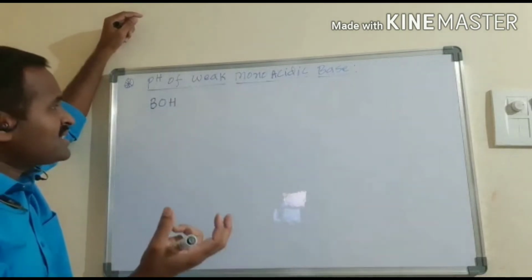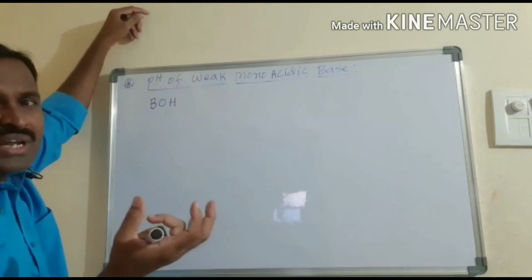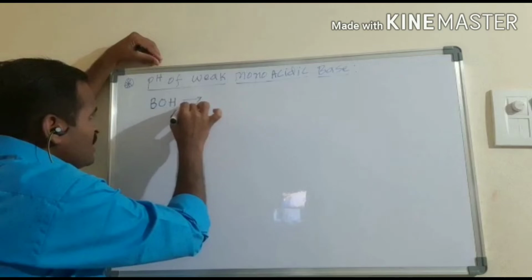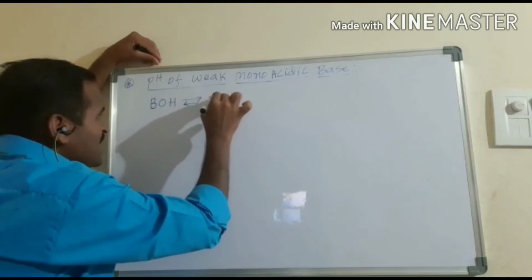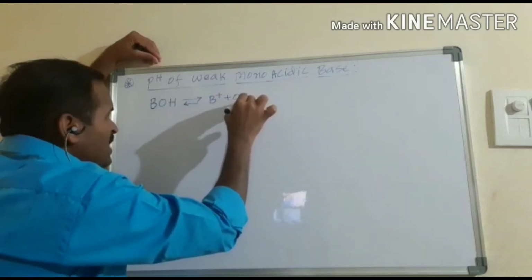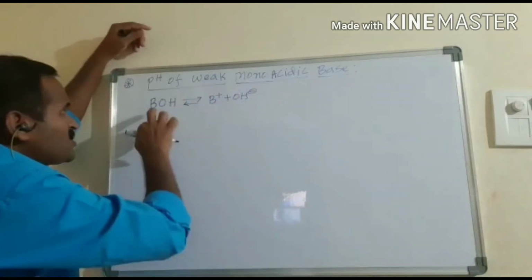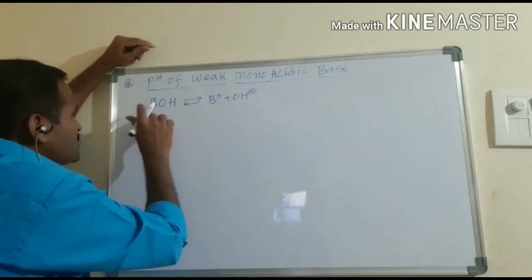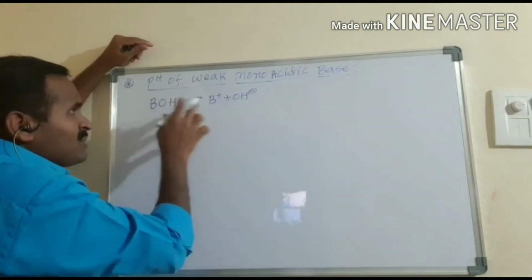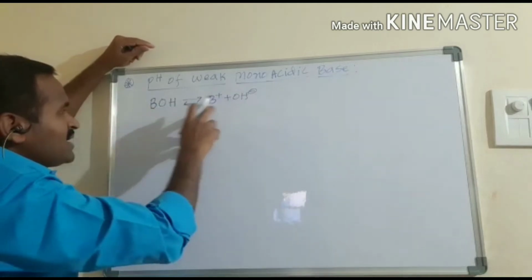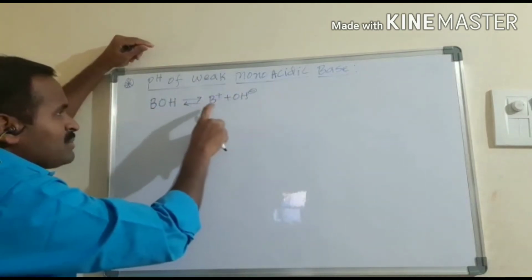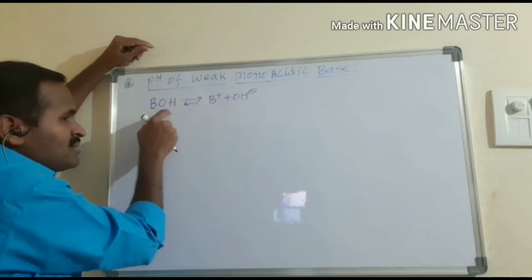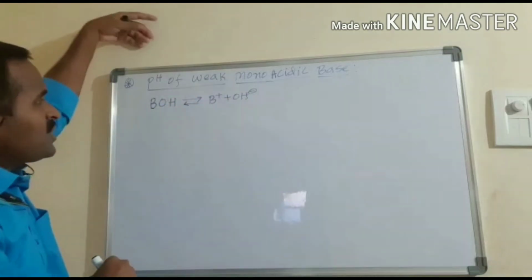Weak monoacidic base means it is a weak base only. Whenever a weak base is taken, it will undergo a lesser extent of ionization, forming B plus ions and OH minus ions. So BOH is ionized into B plus and OH minus, in equilibrium with the undissociated BOH molecule.